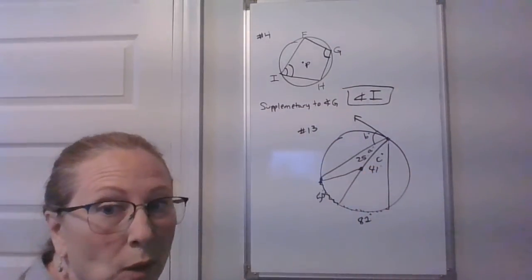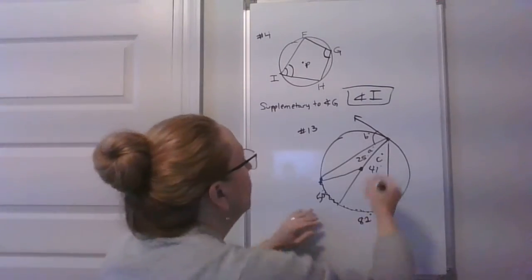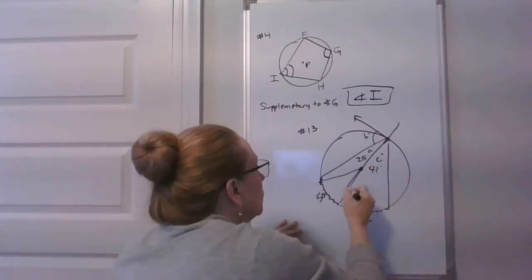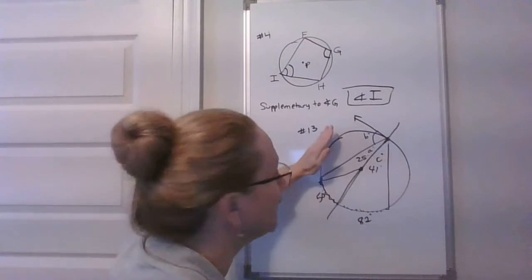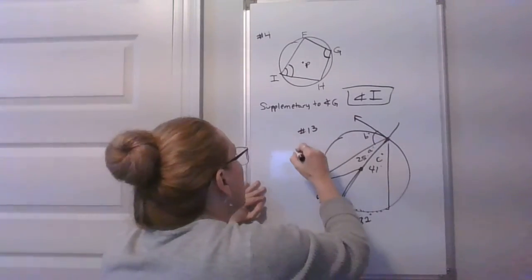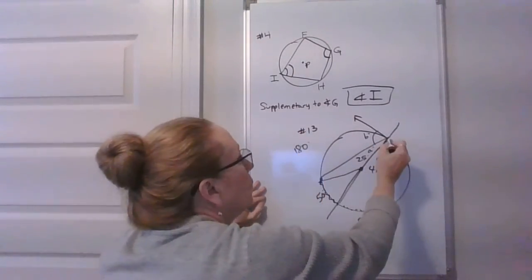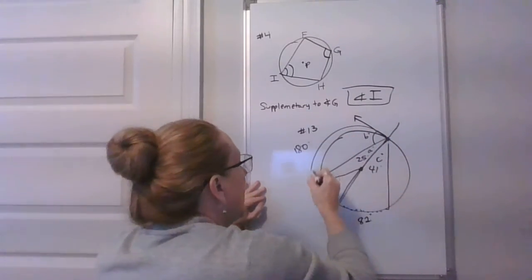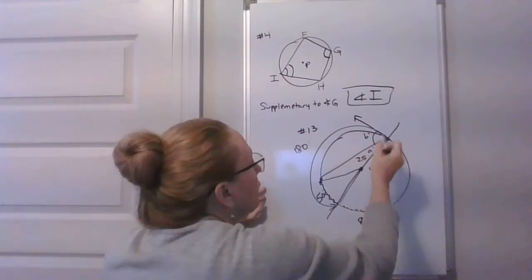Some of you are probably wondering, what about angle B? Well, this is half of a circle. And if this is half of a circle, it's 180 degrees over here. That 180 degrees goes all the way from here and extends all the way to there.